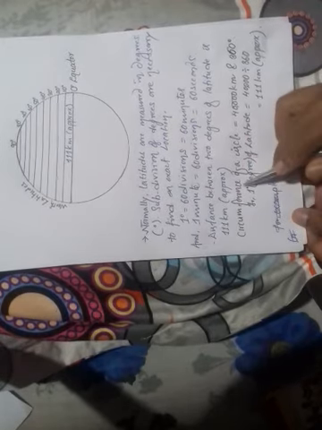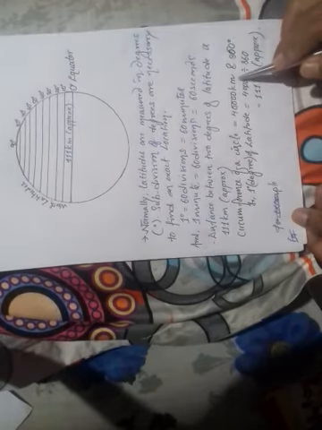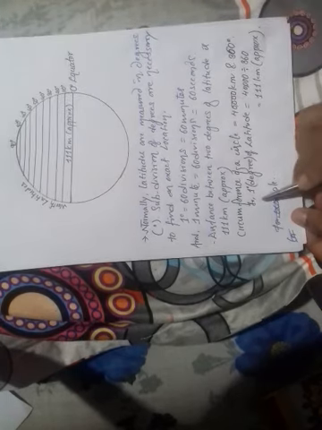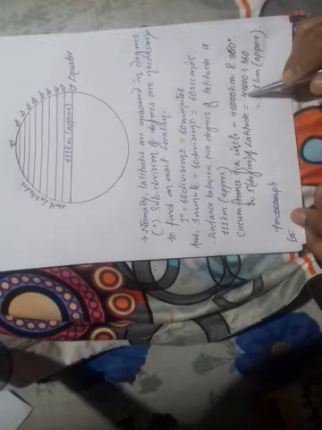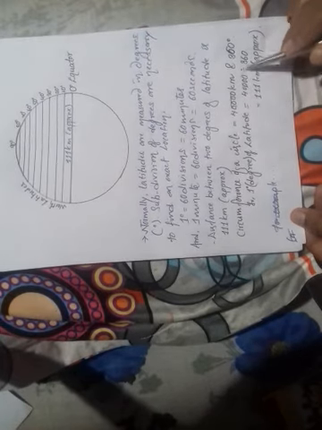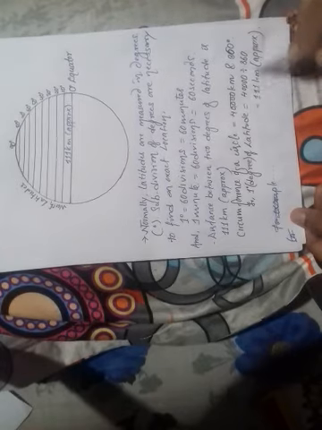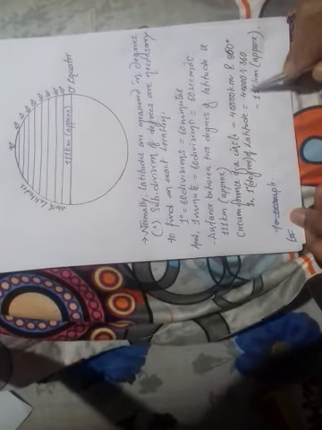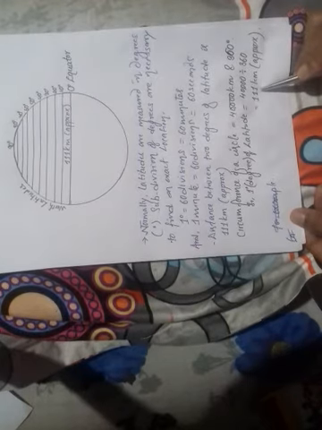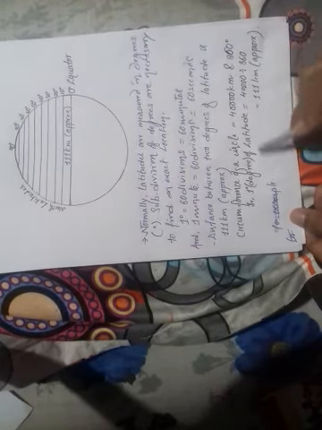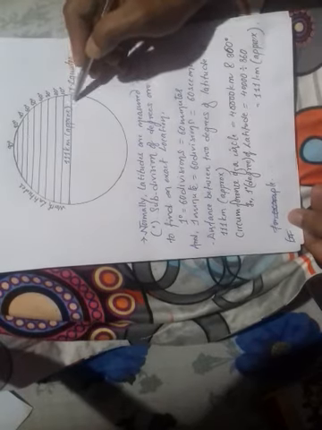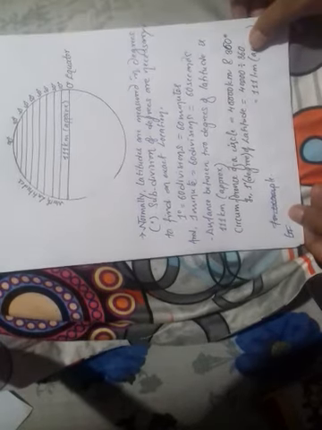As we know that the circumference of the earth is 40,000 kilometer and 360 degree. So 1 degree of latitude equals, let's divide this 40,000 circumference by 360 degree. When we divide it, we approximately get 111 kilometer. So this is how we get the distance of 1 degree of latitude, meaning the distance between the two latitude lines.